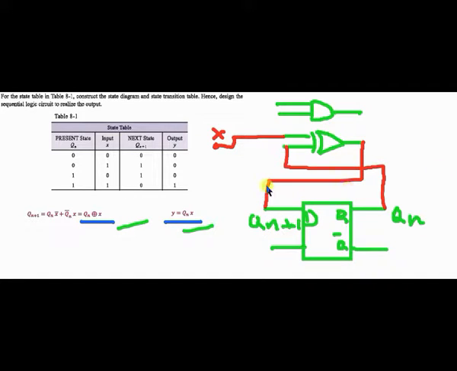And then y equals Qn X. This is our Qn, so we simply connect to this, and then X, this is our X. So this is our output y equals Qn X. That's the logic circuit based on the flip-flop.